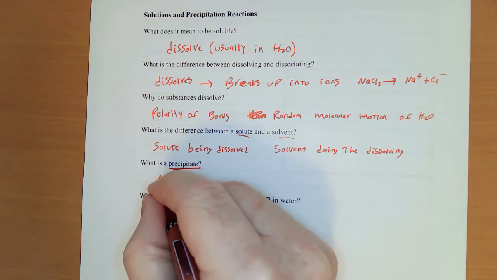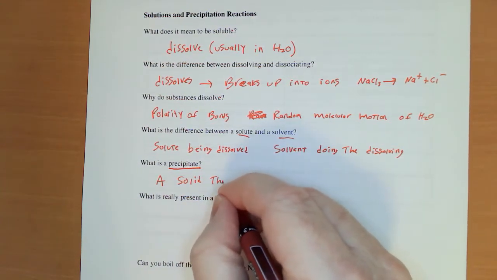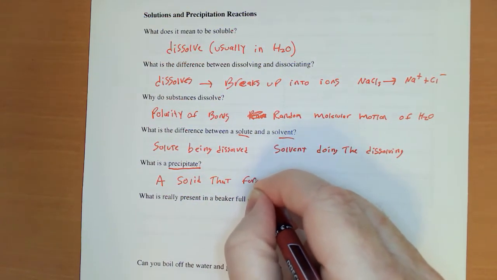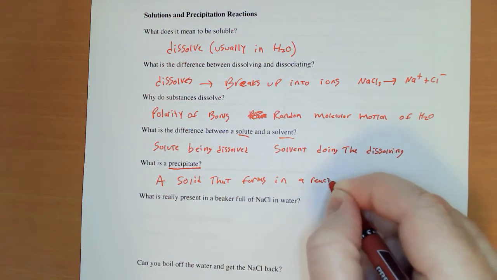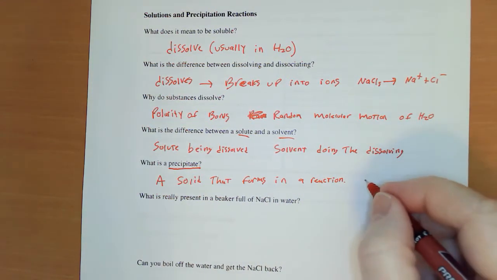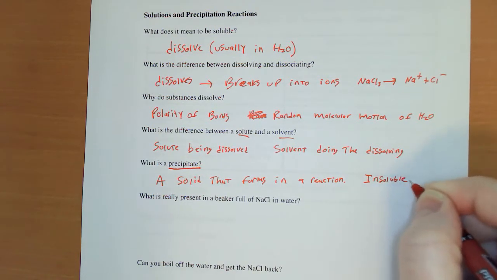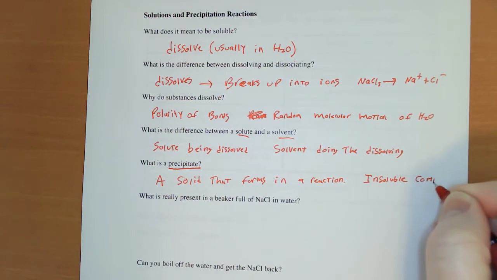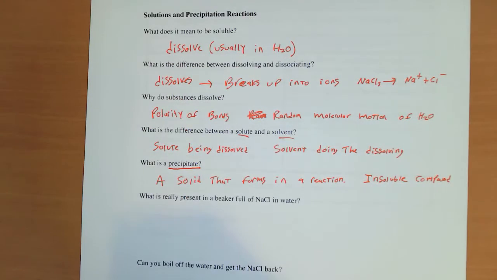A precipitate is a solid that forms in a reaction. That means it is an insoluble compound, one that water is not capable of dissociating.